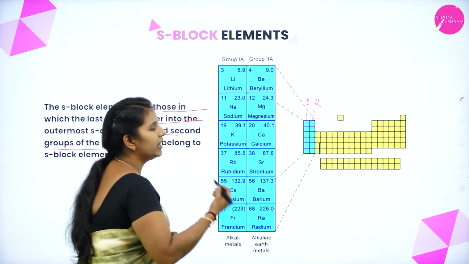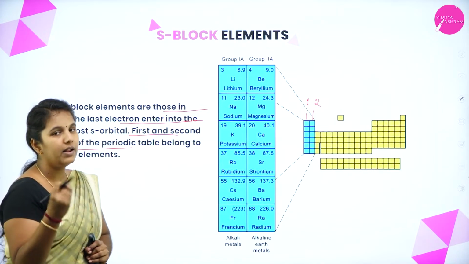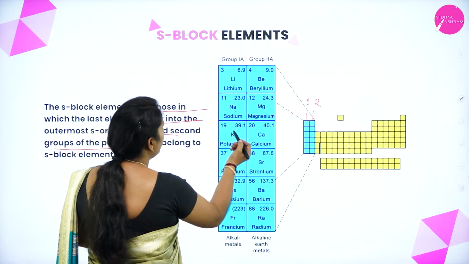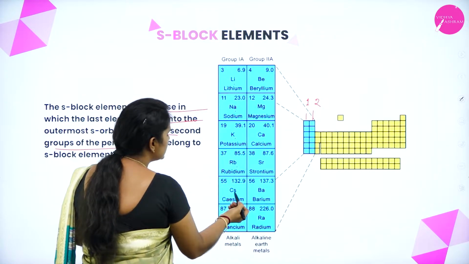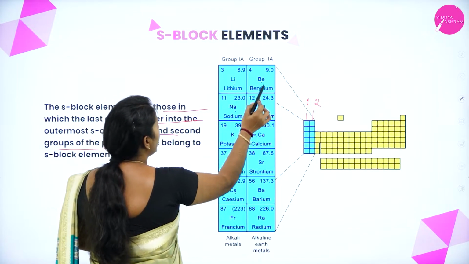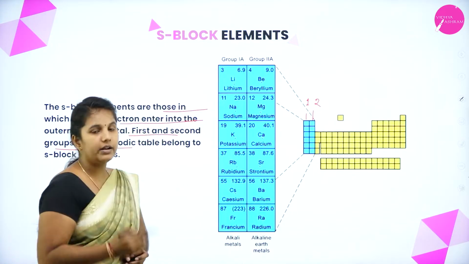The group 1 and group 2 elements are together known as what? S-block elements. The names go like this: lithium, sodium, potassium, rubidium, cesium and francium. Coming to group 2: beryllium, magnesium, calcium, strontium, barium and radium.